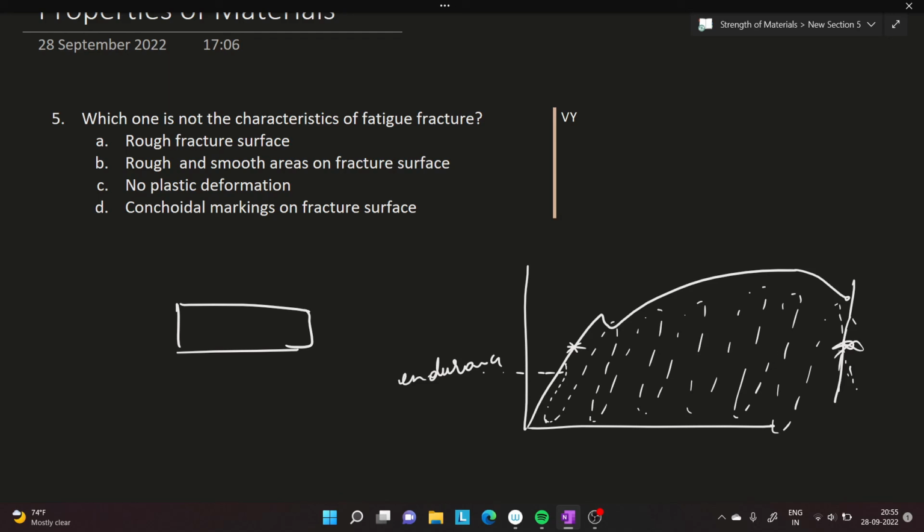So this accumulation of residual energy is what we call fatigue.